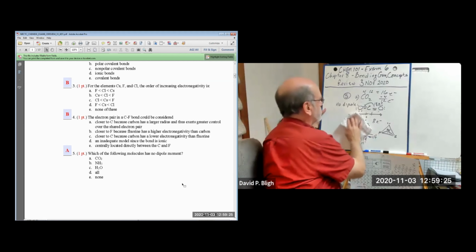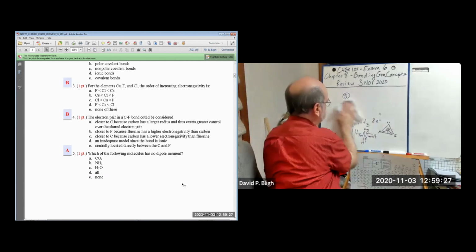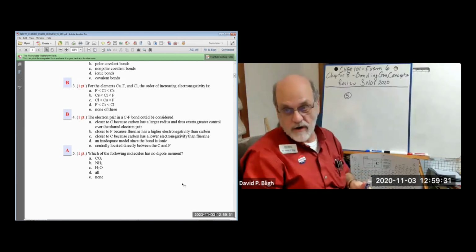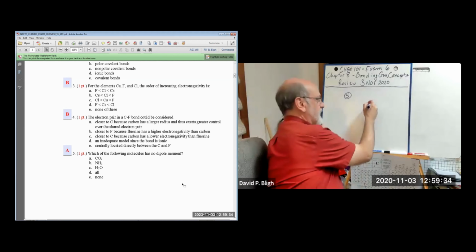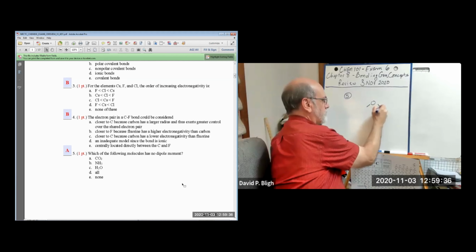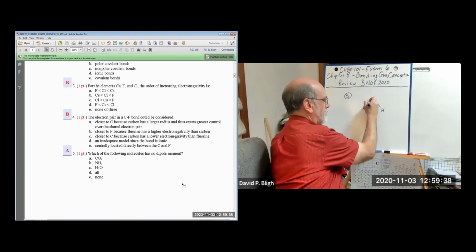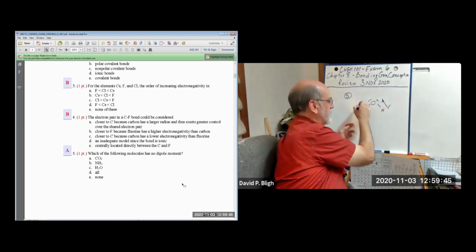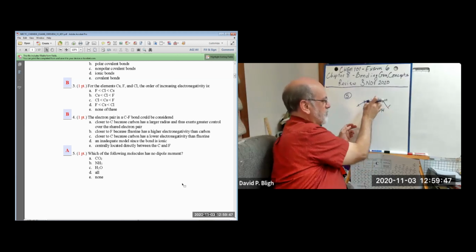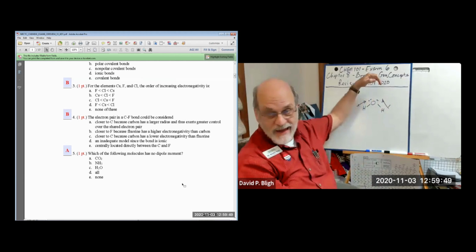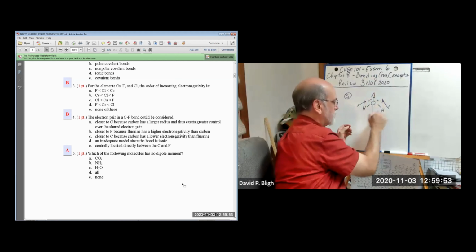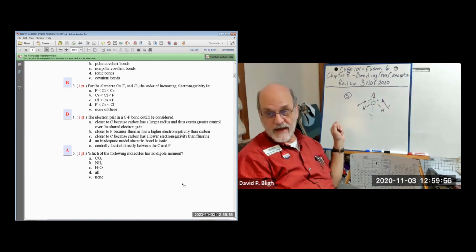Okay, how about water? We've done water several times before, and it's a bent molecule. With the dipole moment this way for that bond, and this way for that bond, plus the 2 unbound lone pairs, and all together, they give you a dipole moment that way toward the oxygen.